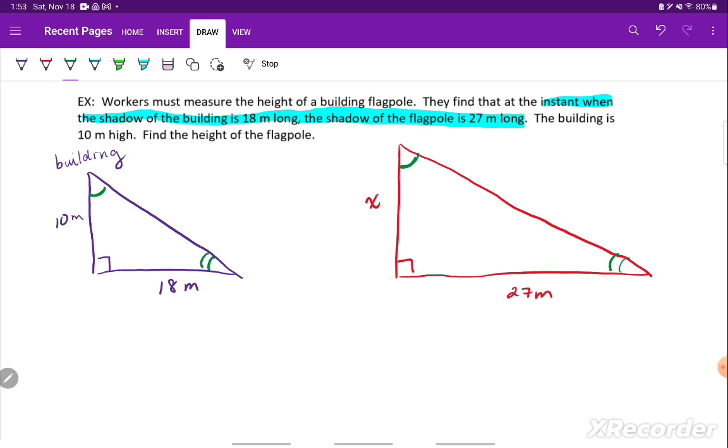Now that we know that they're similar triangles, we know that the lengths of their sides are proportional. So we're going to set up a proportion to find the height of our flagpole. I'm going to do left side over bottom is equal to left side over bottom. 10 over 18 equals x over 27.